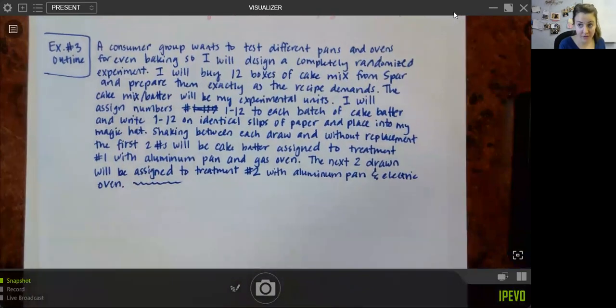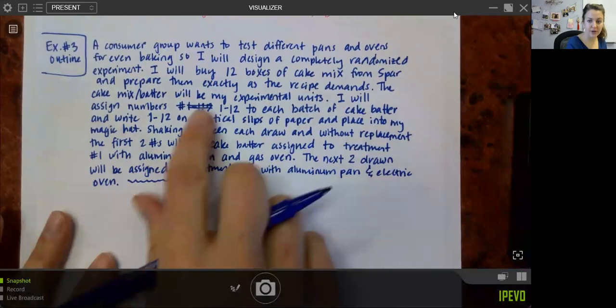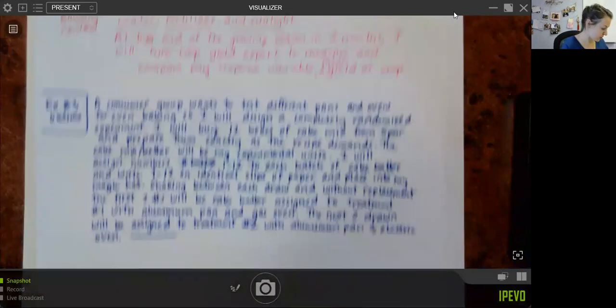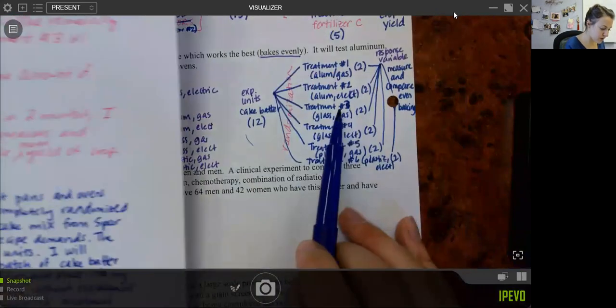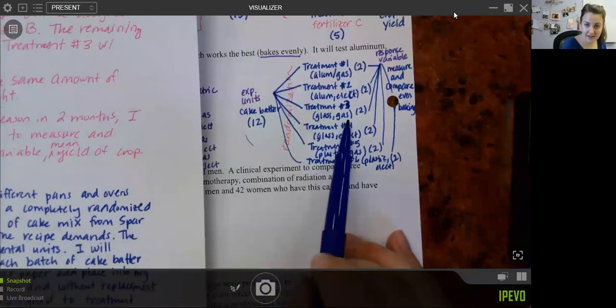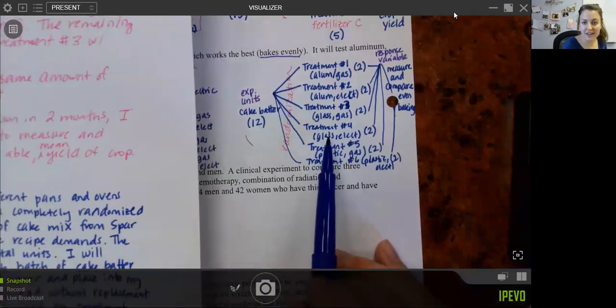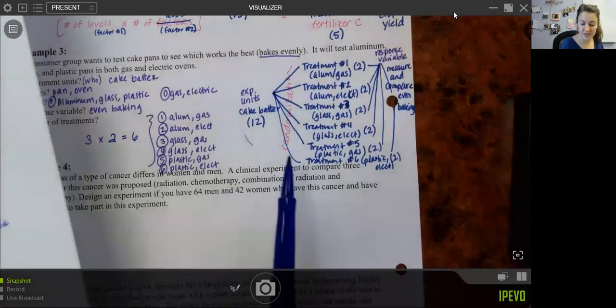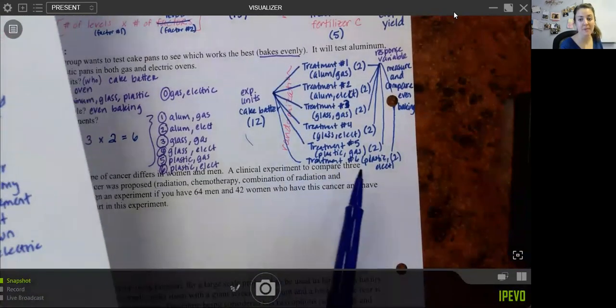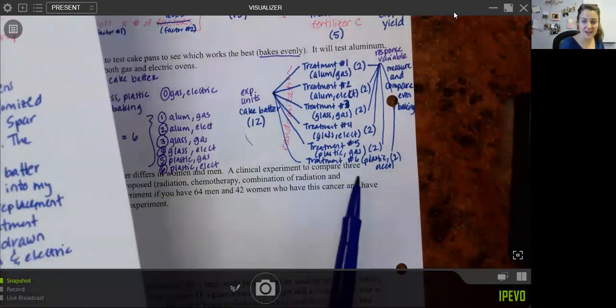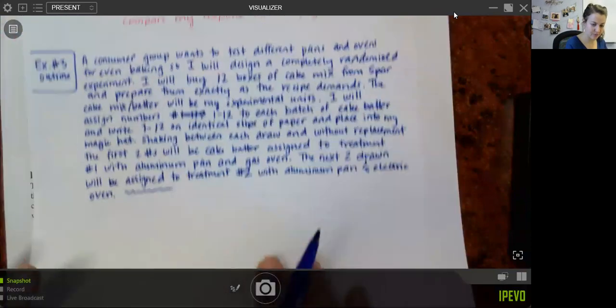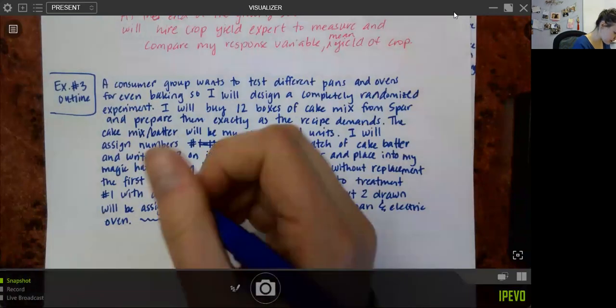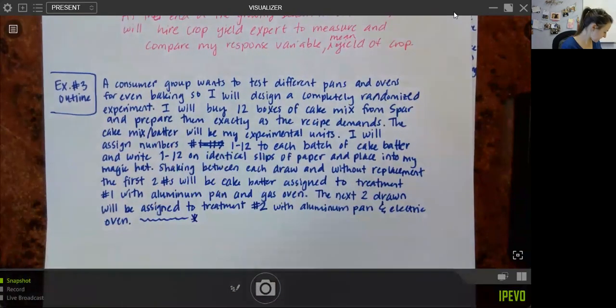You would write all of them out. If there were 6 different treatment groups, the next 2 will go to treatment number 3 with glass and gas, treatment 4, glass and electric, and so on, all the way to the last ones. The last remaining 2 pieces of paper will be the 2 cakes assigned to the plastic and electric group. Okay, so on the AP exam, you're going to write down everything. That's what that star means.